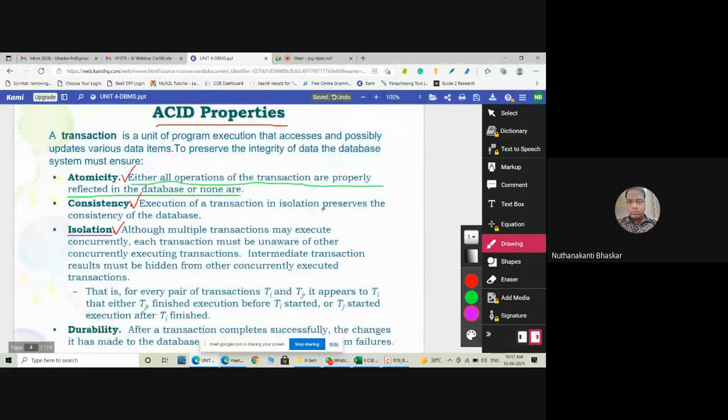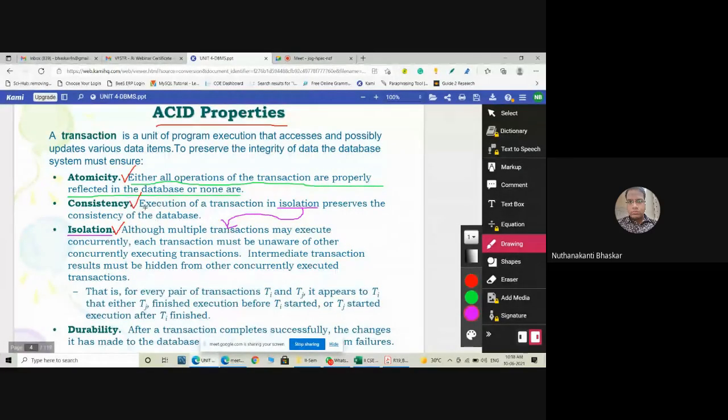Consistency will come based on isolation. If your transactions are performed in an isolated way, every transaction is executing in its own way and not depending on another transaction, so there is no consistency problem, because every transaction executes individually and the results do not depend on another transaction.